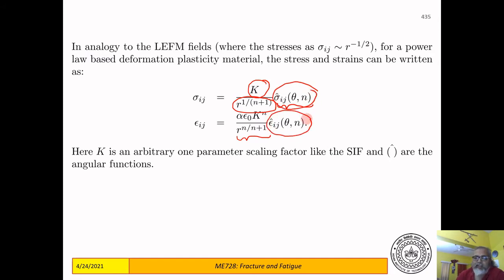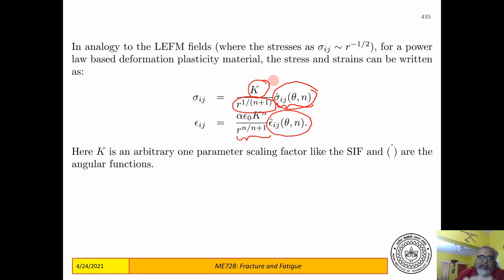What we have only figured out is that sigma ij should go as 1 by r to the power 1 by n plus 1, and epsilon ij should go as r to the power n by n plus 1. And assuming that there is a dominant term in the series and that it is characterized by some amplitude like the stress intensity factor, we have written this K.